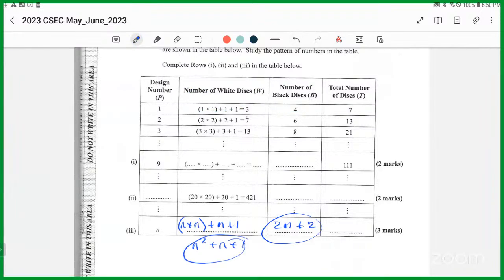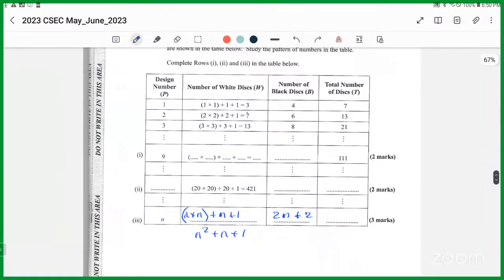So this column right here is the sum of these 2. It is n squared plus n plus 1 plus 2n plus 3. So n squared is the only square term there. N squared, and n plus 2n is 3n, and then 1 and 2 is 3. That becomes the formula for that.